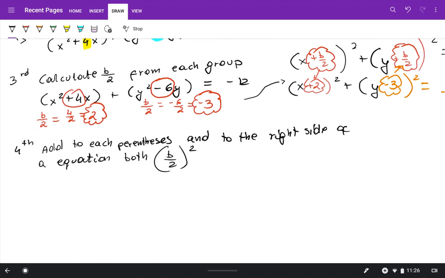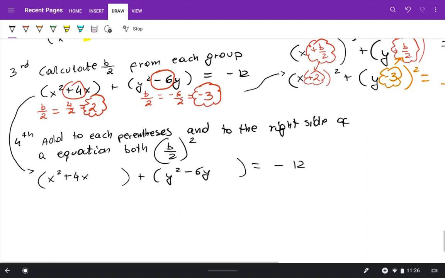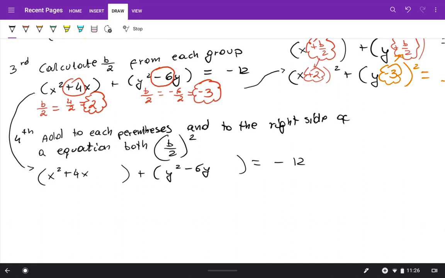So we are here. We have x squared plus 4x, I'm going to leave some space, plus y squared minus 6y, I'm going to leave some space, equal negative 12. That's what we have so far. We calculate b over 2.